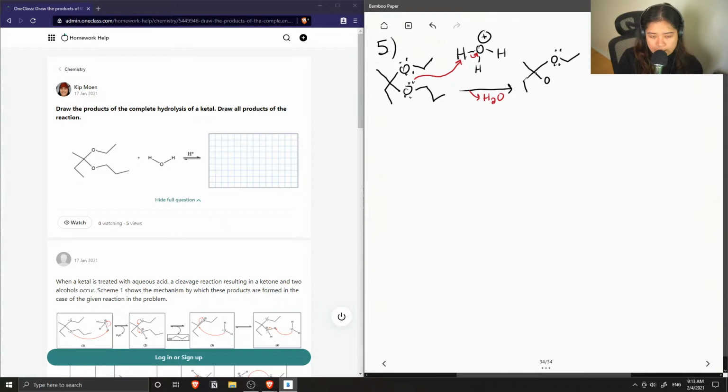So now we have a protonated oxygen that will have a positive charge, like so. And to relieve the positive charge, one of these oxygens will come down to form a double bond and kick off this whole group entirely.